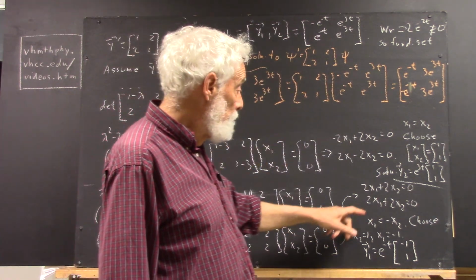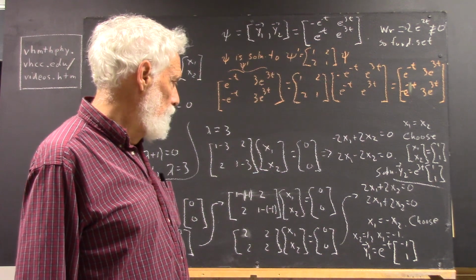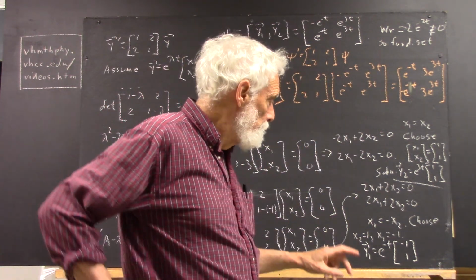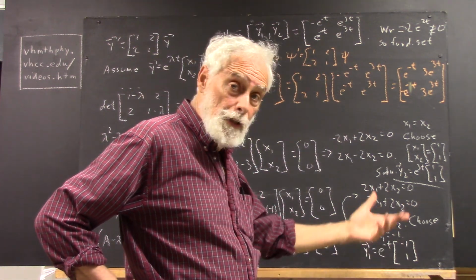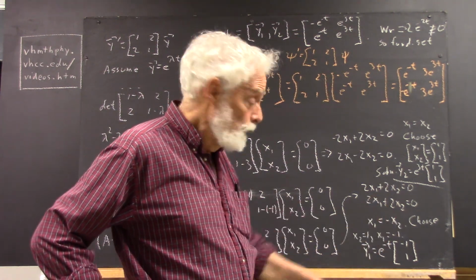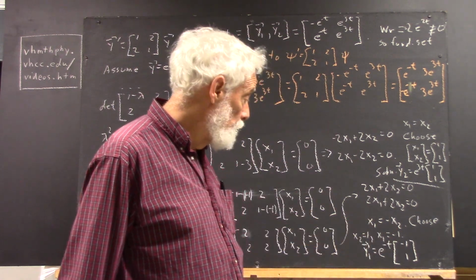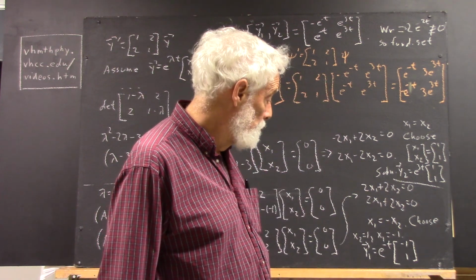But whatever happens, this equation will be a multiple of the first, assuming you have two distinct eigenvalues. That's kind of what you look for. Okay, so the solution is x1 equals -x2. We can choose any number for x2 and we'll get a number for x1. So we choose x2 equal to 1, x1 is -1.